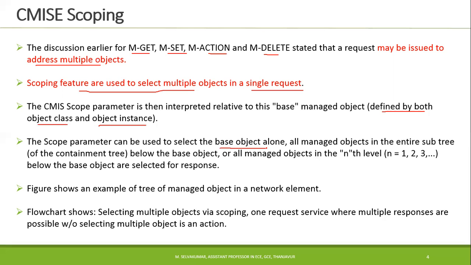In that class there are around 56 students. The subtree of the containment tree below the base object holds all the managed objects used to get the information, that is, every response of the class.